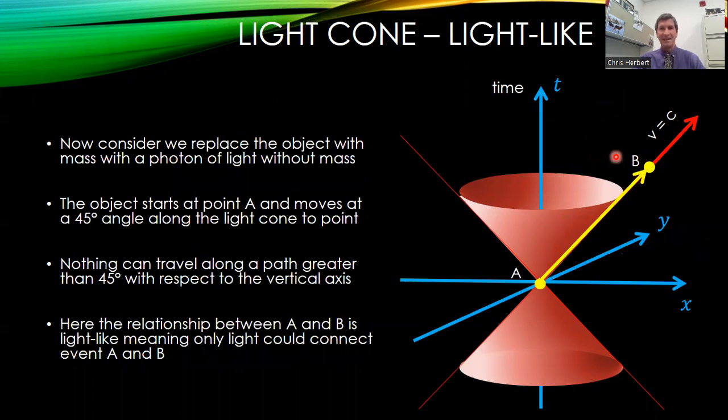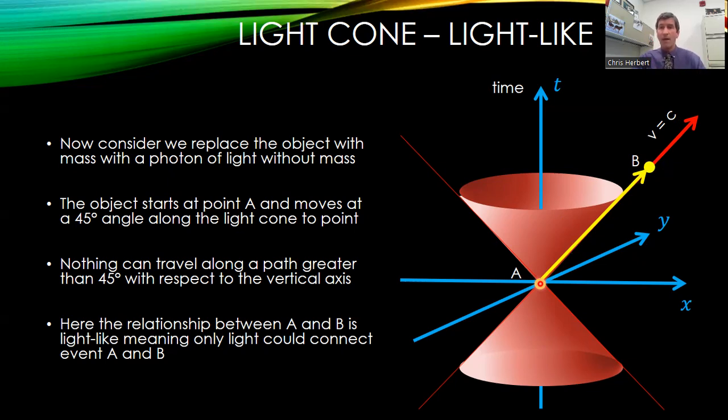Light-like. Again, I feel so clumsy when I try to explain these things. Nothing travels at the speed of light except for light. Light doesn't have mass. We'll talk more about that a little bit later. The best way that I can come up with explaining the connection between A and B: we could have light propagating through event A. Remember, event A has a position and a time at which it took place.